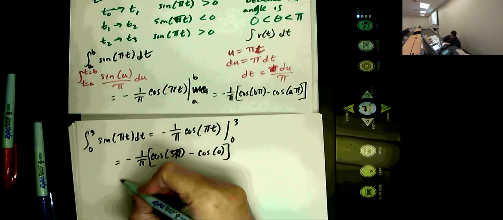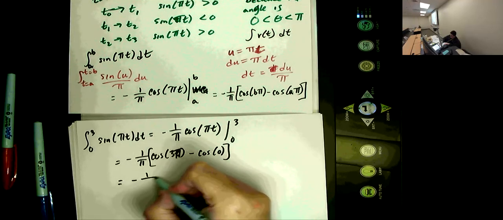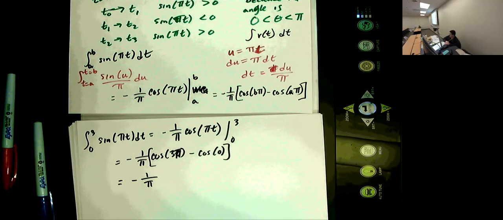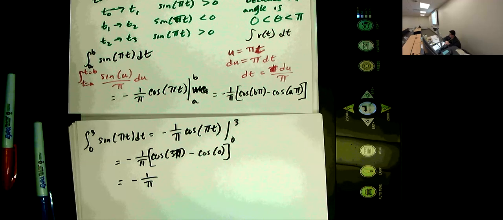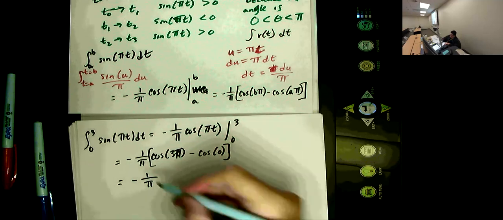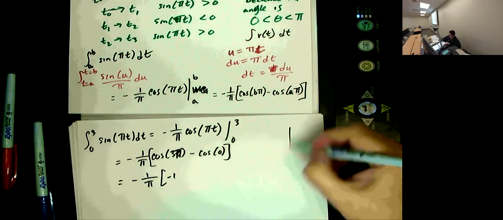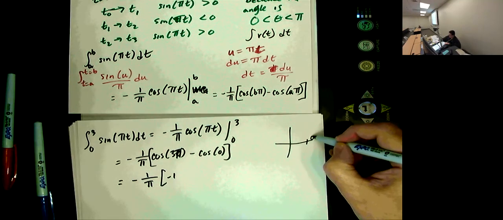What is cosine of 3 pi? It is negative 1. If you're thinking about it, here's 0 pi.